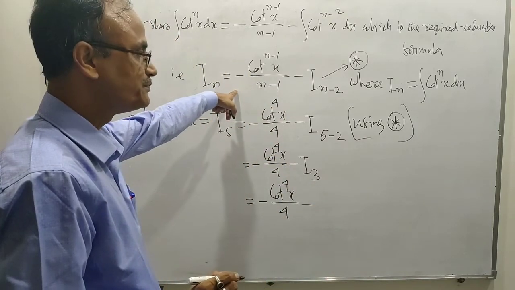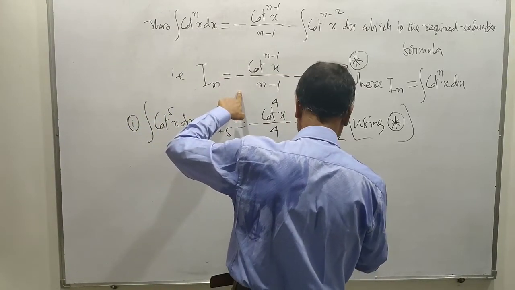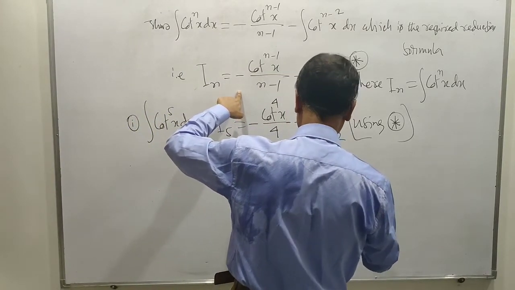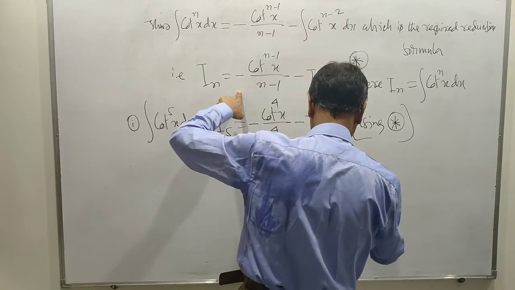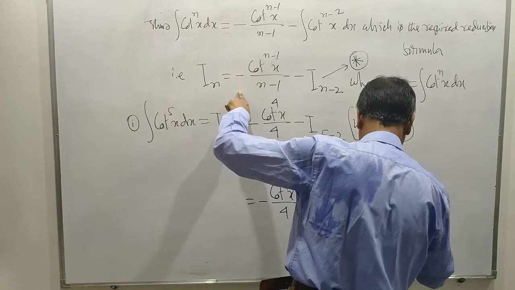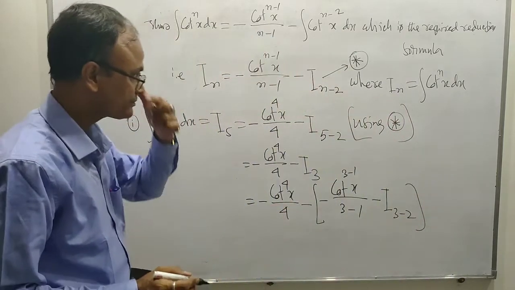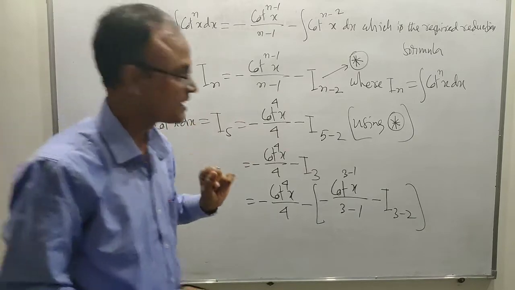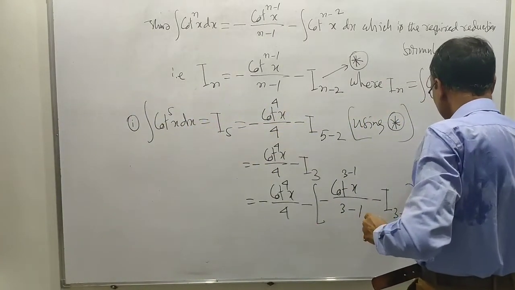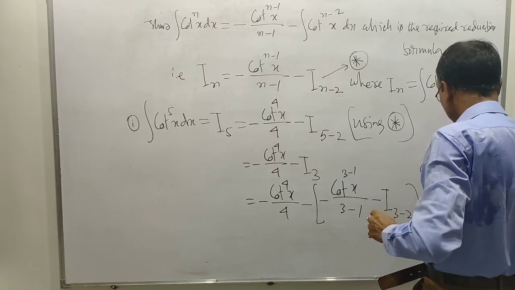Again apply this. You will get I_3 equal to minus cot to the power 3 minus 1 x divided by 3 minus 1 minus I_(3-2).